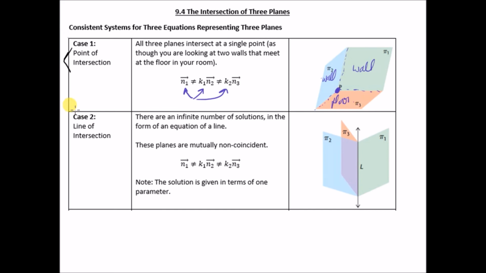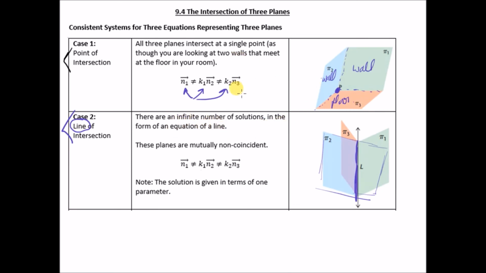Case two, three planes can also intersect in a line. So you can have a line of intersection. They can pretty much cut one another and all intersect at that line in the middle. In this case, there's an infinite number of solutions in the form of an equation of a line.